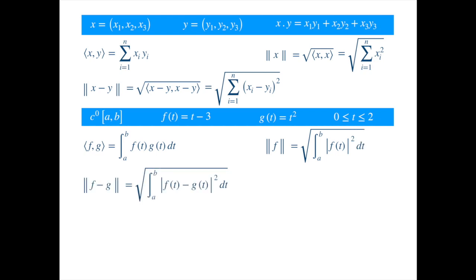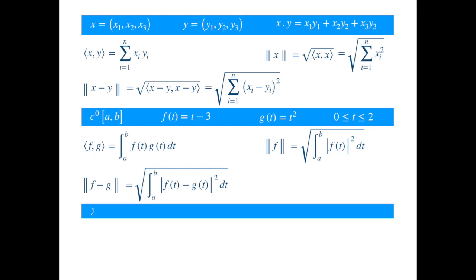Essentially, the summation becomes integration, but the rest is similar to what we saw before. And we can also talk about the vector space of random variables. The inner product will now have an expectation operator. As expectation is really probability-weighted integration, we have just added weights to the previous definition. And the norm and the distance definitions are also easily modified.